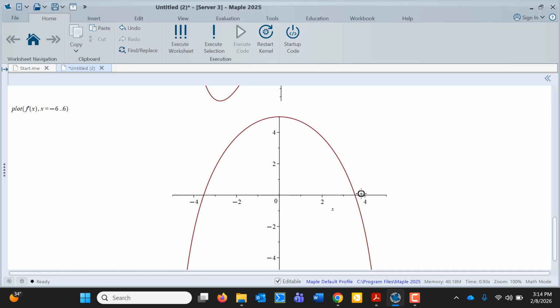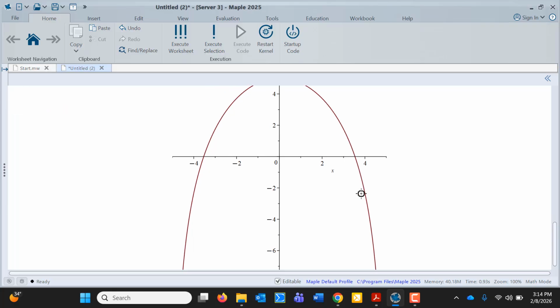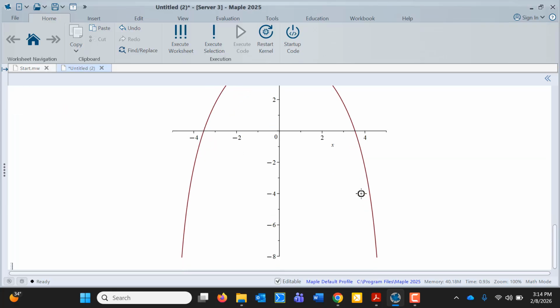So I do see 2 critical points. Okay, so let's find them. Okay, we can see them graphically, but let's actually find their values. So to find critical points, we are trying to find where that derivative is 0. So I would need to solve parentheses where f prime of x equals to 0. So let's hit enter.